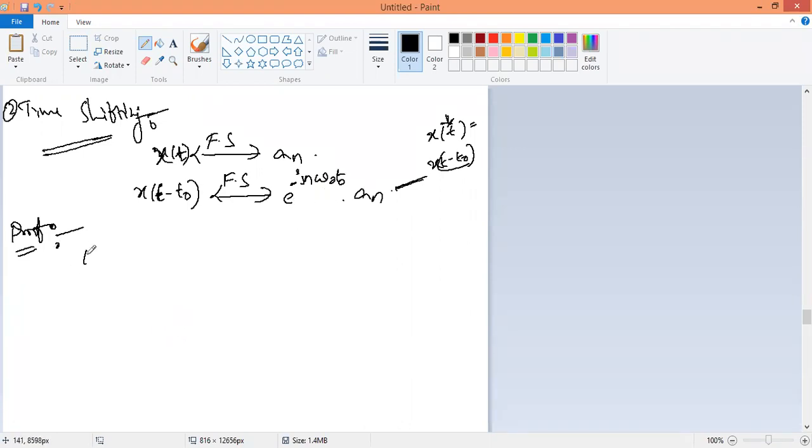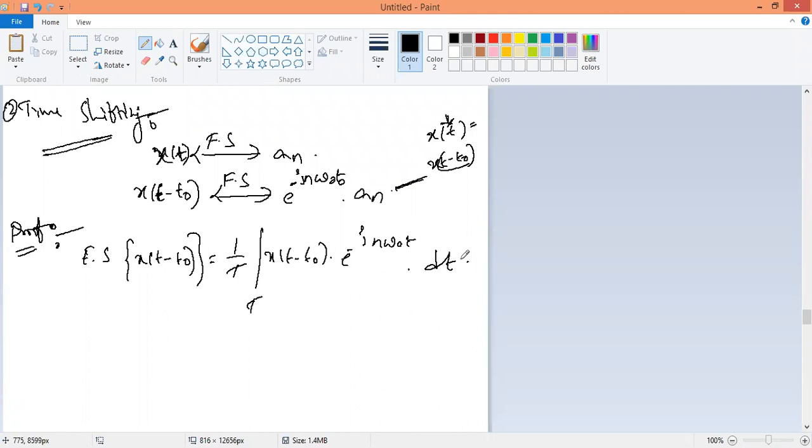First, the Fourier series of x of t minus t naught. The value is 1 by T integral over T of x of t minus t naught e power minus j n omega naught t dt.